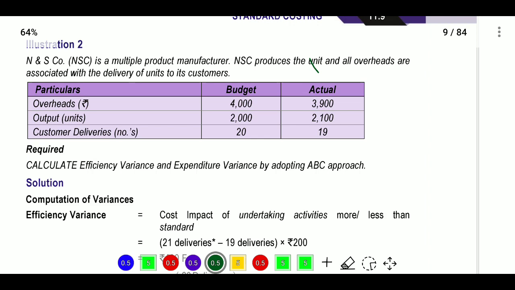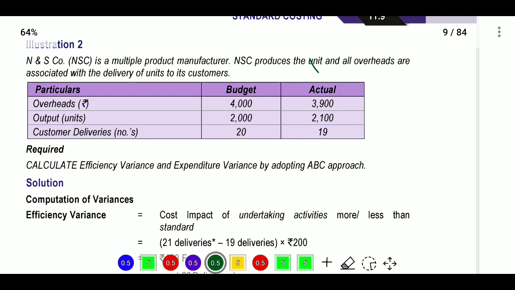Here the budget output was 2000 and actual output was 2100, but the budget was provided only for 2000, so we require it for 2100. What is the budget?